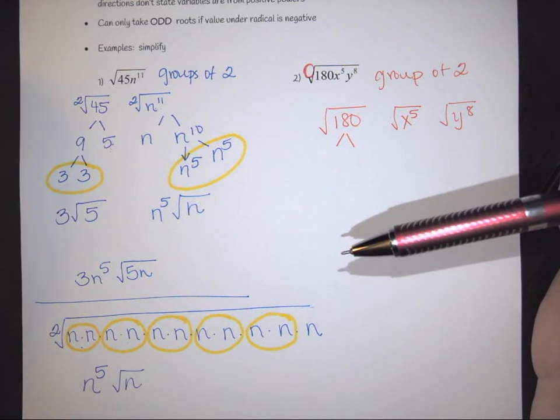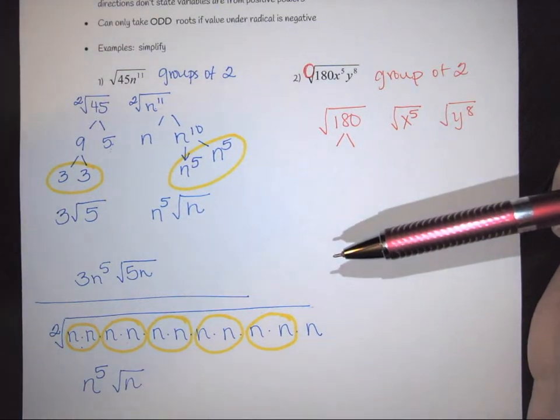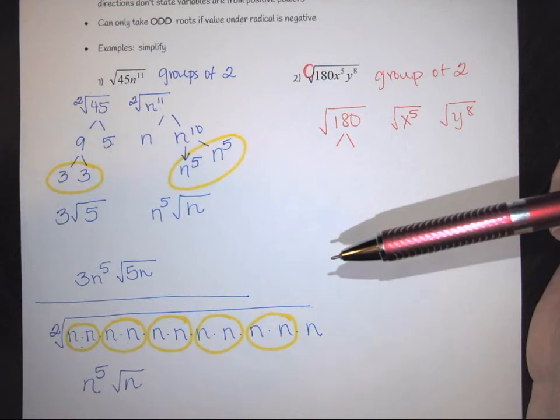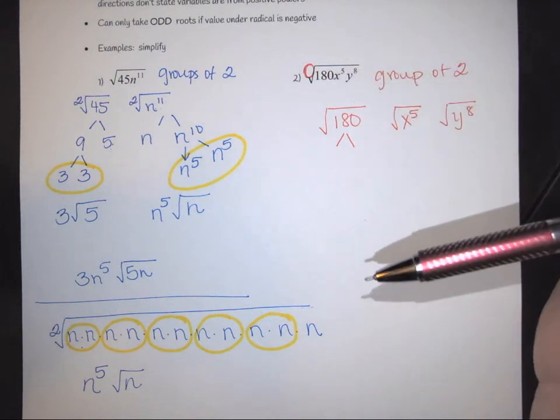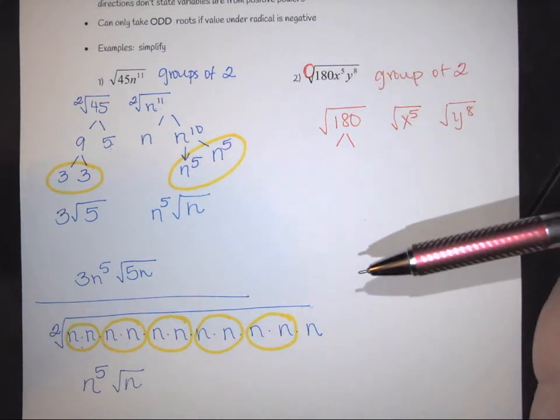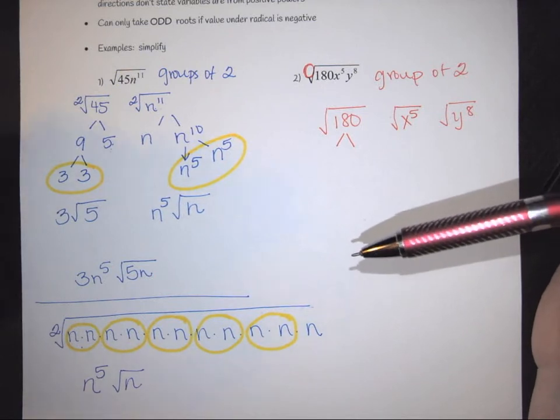So however you choose to start is up to you. However, what you have to make sure that you do is that every time you break down a number, you have to try and see if you can continue to break it down further. So we want groups of 2, so you have to find identical groups of 2. And how you get there is up to you.